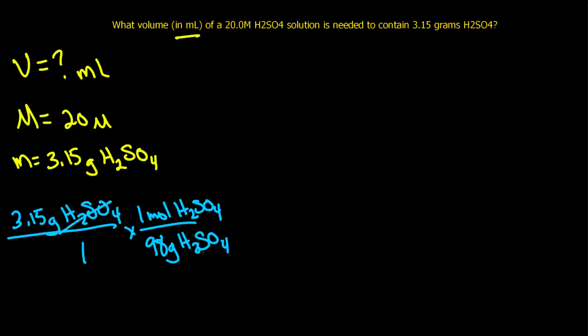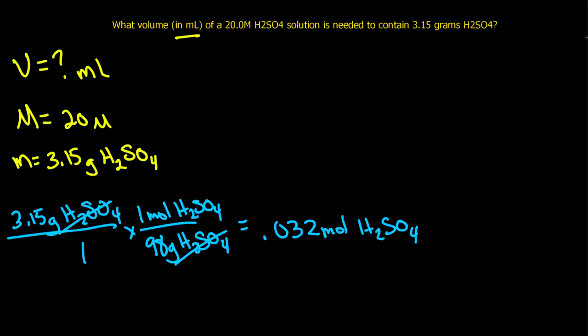So grams of H2SO4 cancels out, leaves me with moles. So 3.15 times 1 divided by 98 gives me 0.032 moles H2SO4.